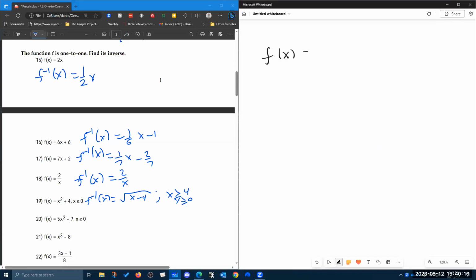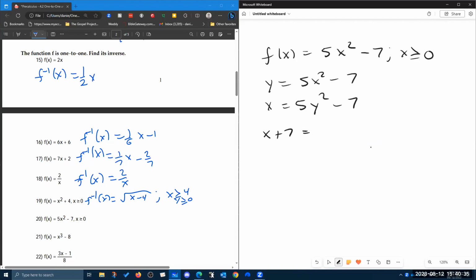If f of x is equal to 5x squared minus 7, with x greater than or equal to 0, y equals 5x squared minus 7, switch x and y, x plus 7 equals 5y squared.